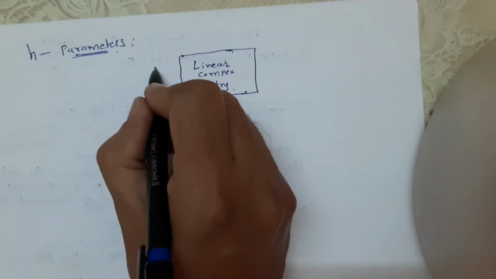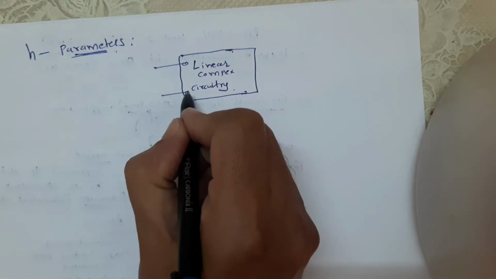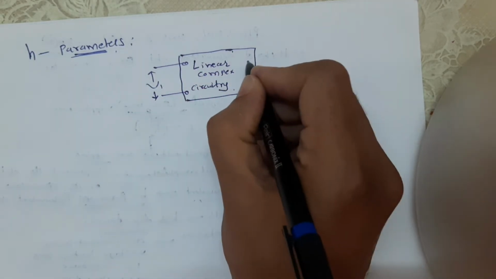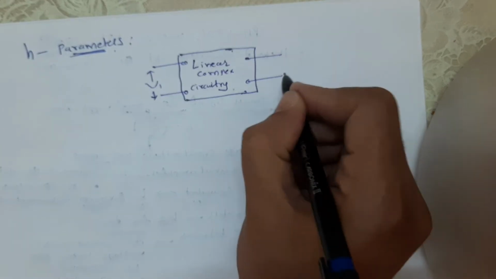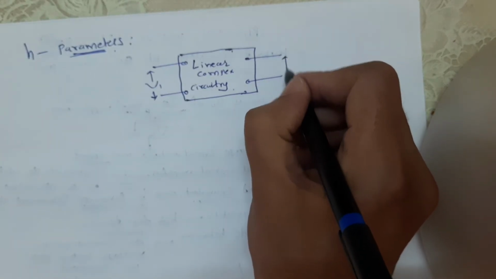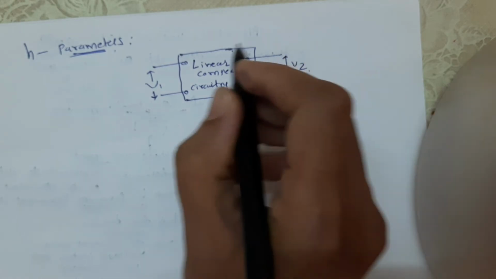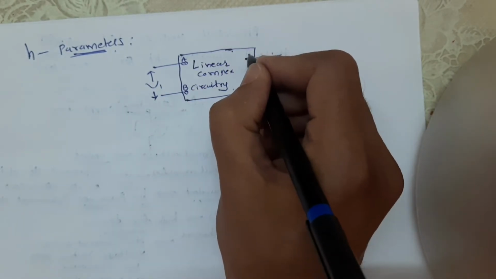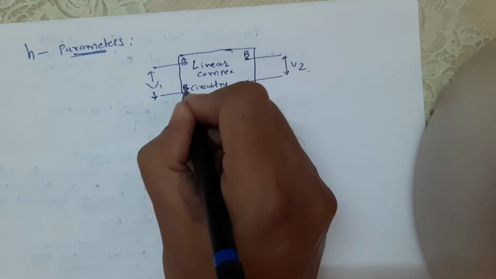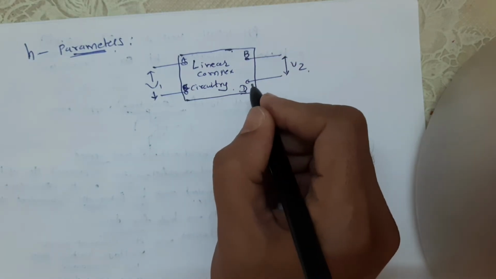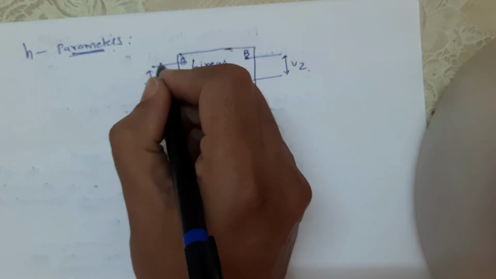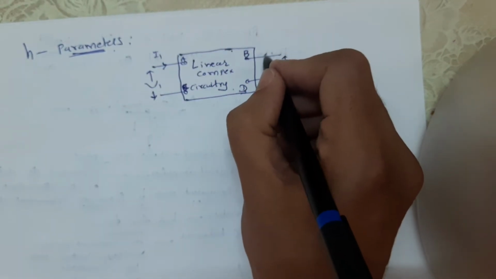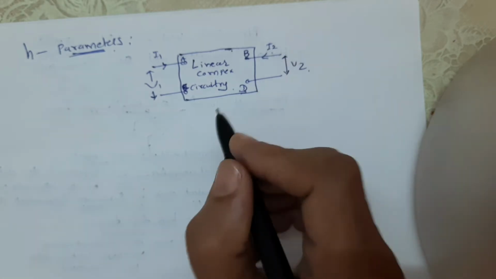This is our input V1. This is our output V2. The terminals are A, B, C and D. Here due to the supply voltage, the current is I1, and at the output the current is I2.